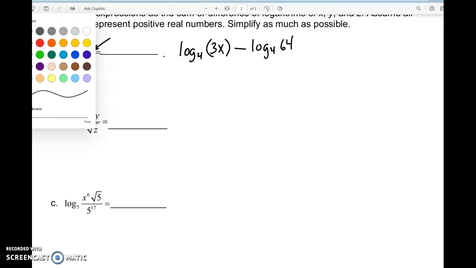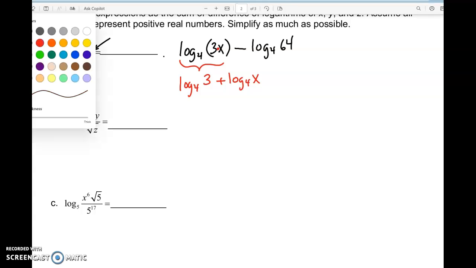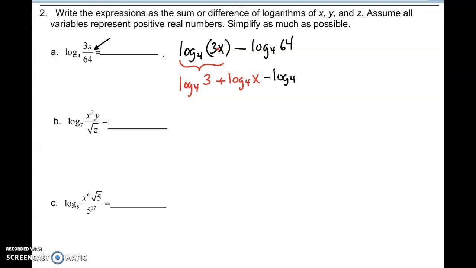Now I'm going to take just this portion here, and I can expand this because this is multiplication. So I could write this as the log base 4 of 3 plus the log base 4 of x. And then I still have this minus the log base 4 of 64.